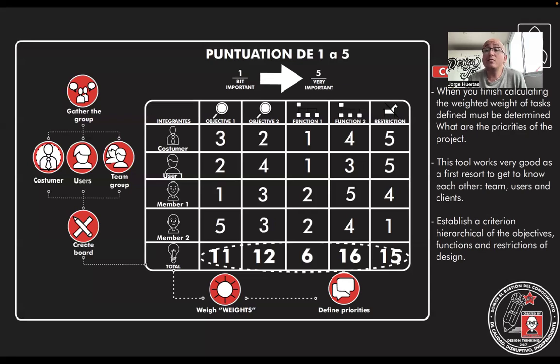Of course, this tool works very well as the first resource to get to know each other: team, user, and clients. Why? Because with that, you will understand what the customer wants, what the user wants, and how you as a team member can be working with this. Establish a criteria, hierarchy, and objectives, function, and restriction of design. This is very important because you will have to know which ones are the objectives, which ones are the functions, and of course the restrictions.